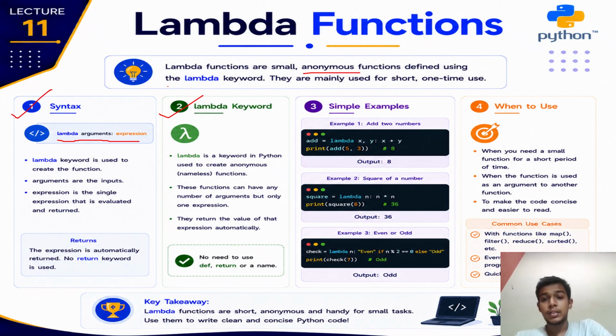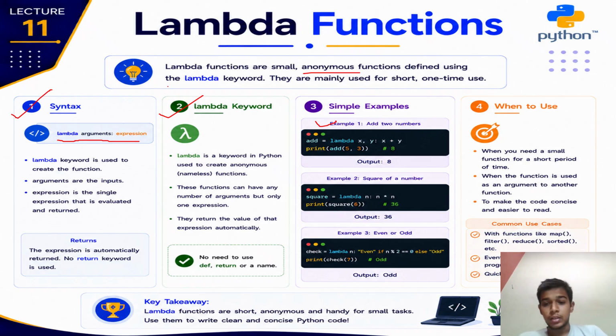Now let's understand some simple examples. The first example is adding two numbers. Now take a look at the code. Here the lambda function receives two numbers, 5 and 3.